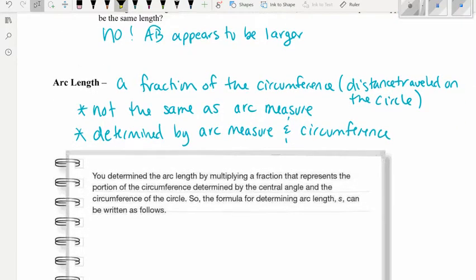So you determine arc length by multiplying a fraction that represents the portion of the circumference determined by the central angle and the circumference of the circle.